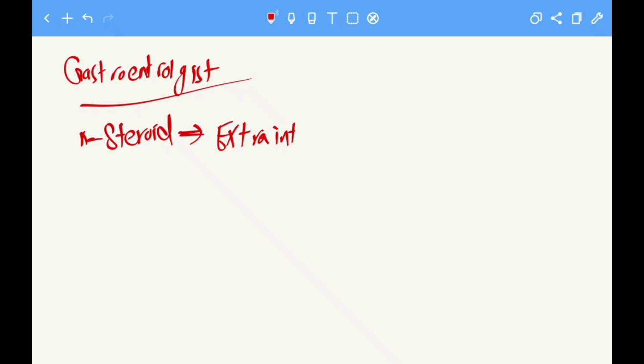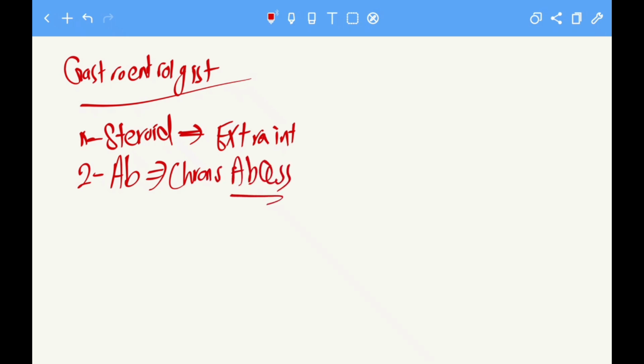Okay, we can give antibiotics. Why antibiotics? Because Crohn's can cause abscess, and this abscess will need antibiotics to treat it. Okay, and when we give steroids, there is a decrease of overall immunity.